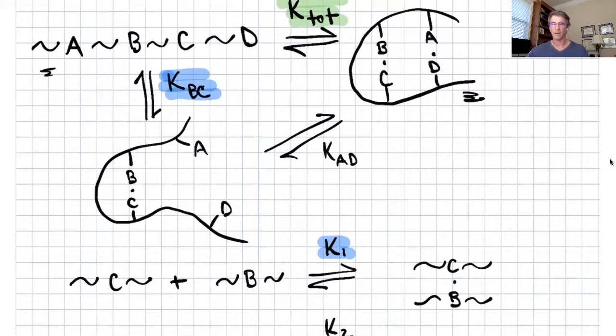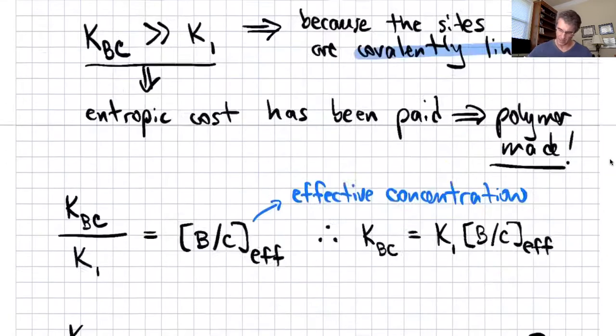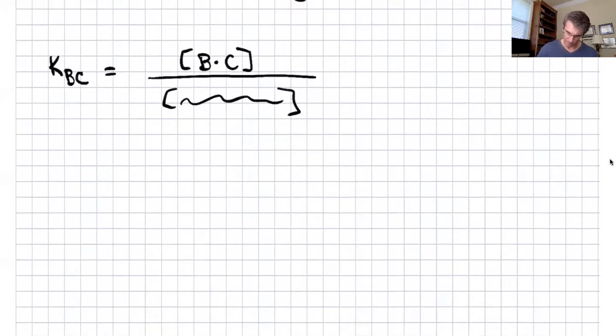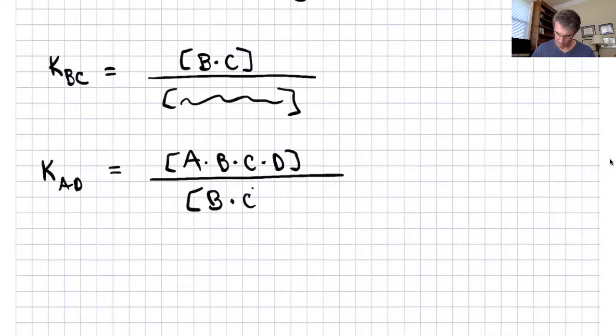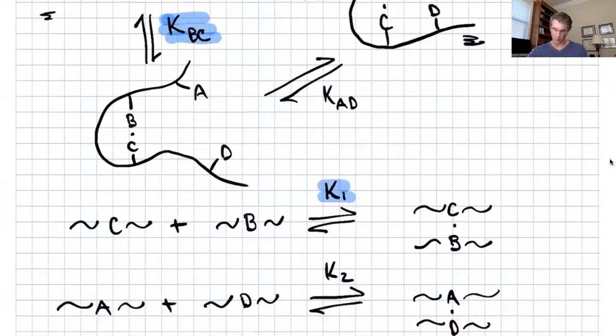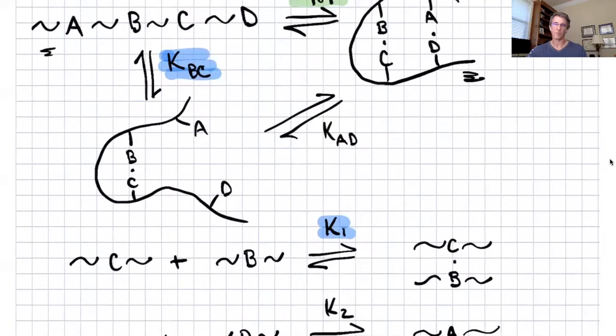Now I can do the same thing over here for the KAD equilibrium constant. KAD is simply equal to the concentration of the fully folded species, A, B, C, D, divided by the concentration of the protein that had formed just the BC only interaction, right? So I'm doing this equilibrium here.